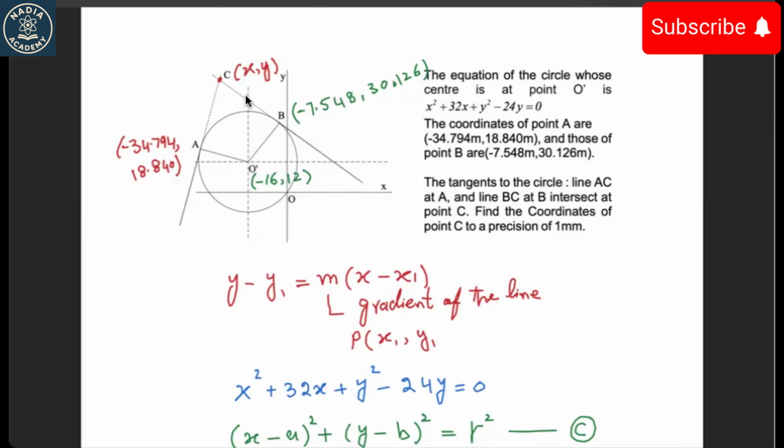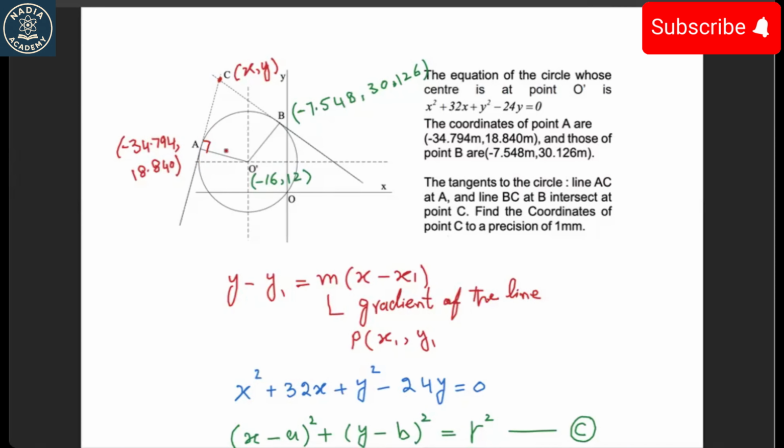So for this, we need to know one point on the tangent, which is given, A and B. The second is the gradient. What we do not know is the gradient, but what we know about circles is that the radial vector is always at 90 degrees, meaning it is perpendicular to the tangent.